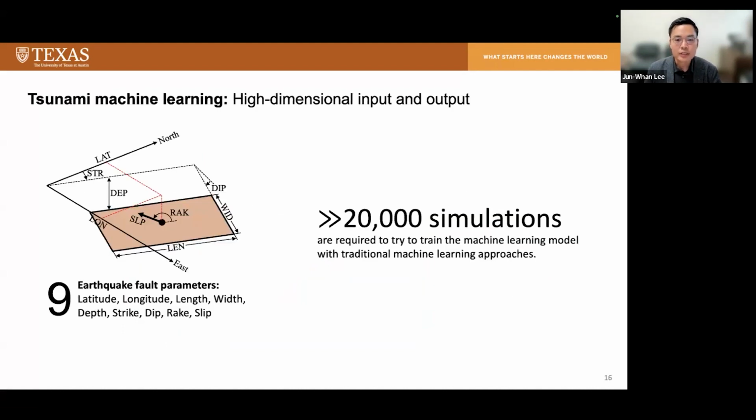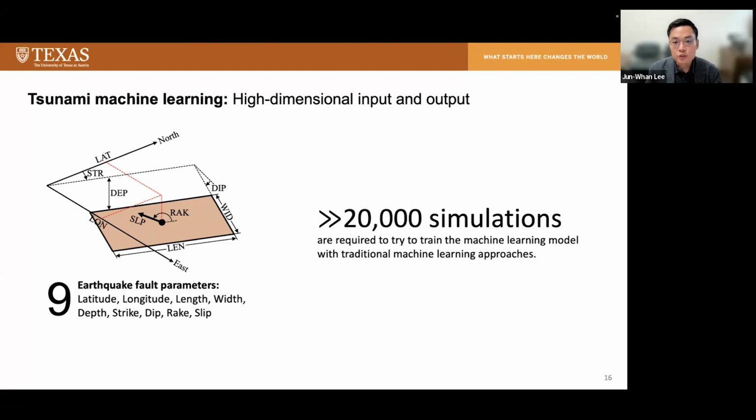There could be several reasons, but I believe one of the main reasons is the high-dimensional input and output in tsunami modeling, which requires a large number of simulations to apply the machine learning approach. In tsunami modeling, the input is usually represented by 9 earthquake fault parameters, such as the fault length, width, or the 3 angles: strike, dip, rake angles, and so on.